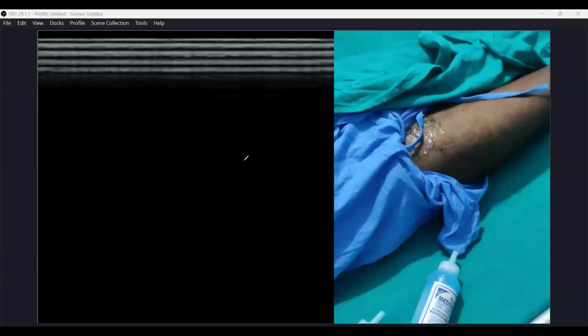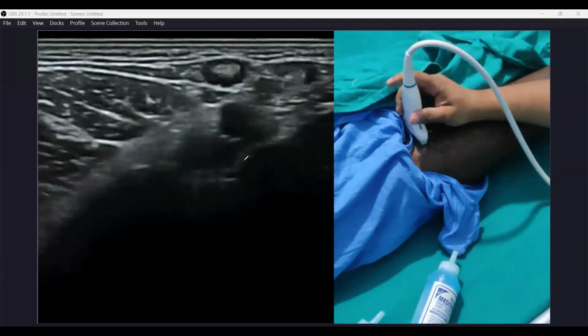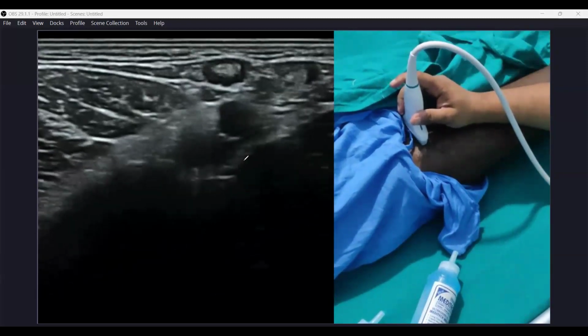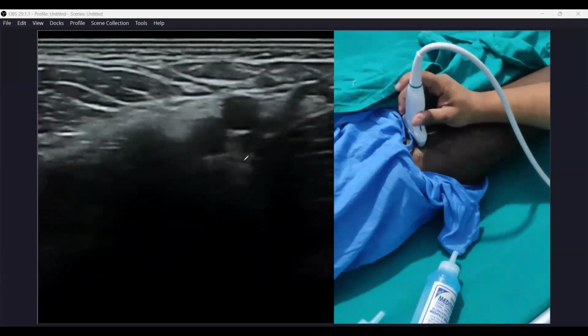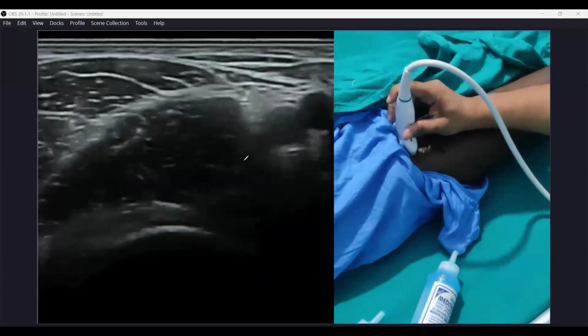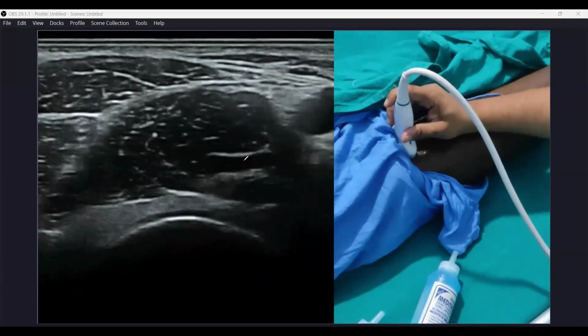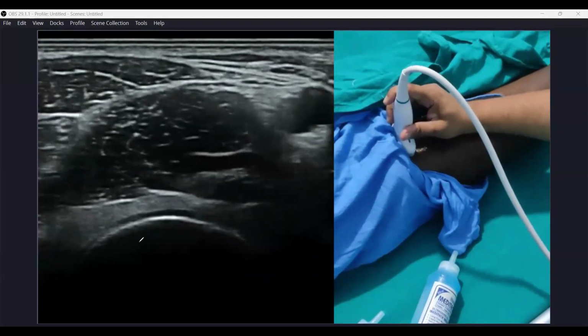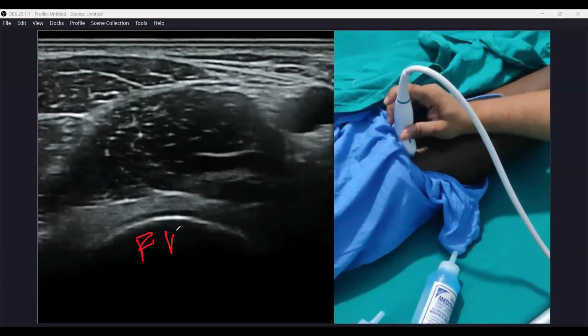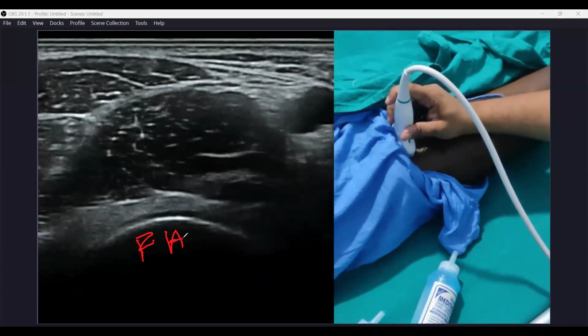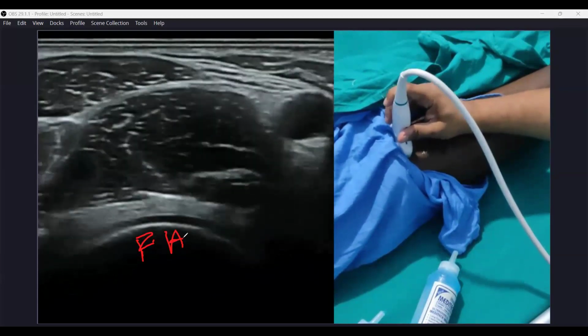So here also I am following the same orientation. That means I will keep the index marker towards the lateral side. Okay. So here we are close to the head. Okay.